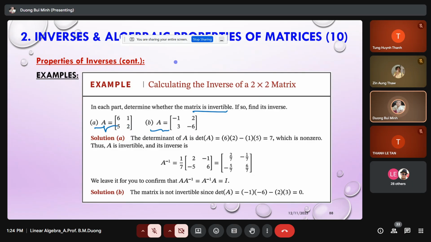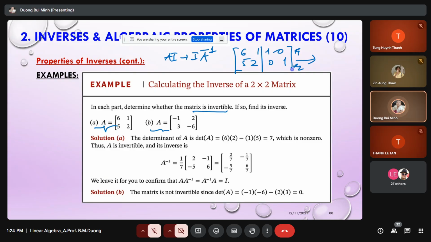So we apply the method: we have AI, and we would like to modify it to become I inverse of A. Here A is 6, 1, 5, 2, and we need the identity matrix 1, 0, 0, 1. This is row 1, this is row 2.